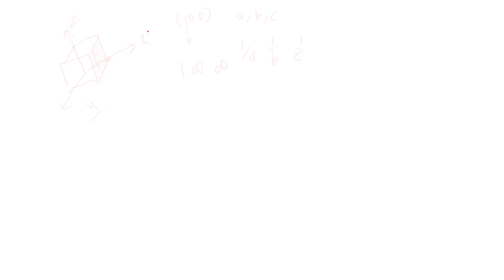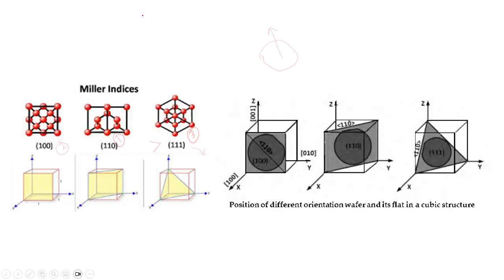These are the Miller indices representation of the plane, and here you can see how the atoms look when you view from this plane. If we want to draw the Miller indices of a particular plane, 100, you can see the shaded portion here. This is the 100 plane.